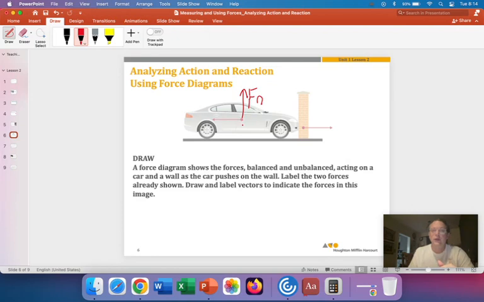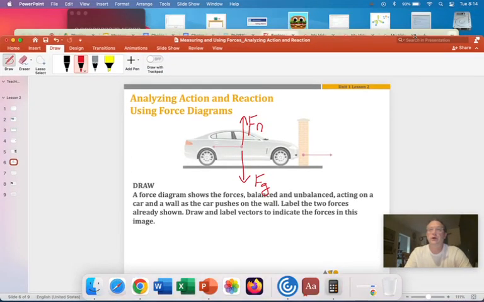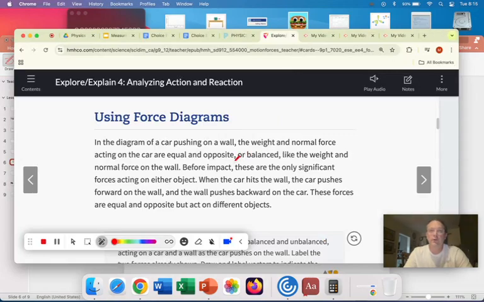And the force the car exerts on the surface, force of gravity, are equal. Okay, that's all well and good. So now, before impact, these are the only significant forces acting on either object.